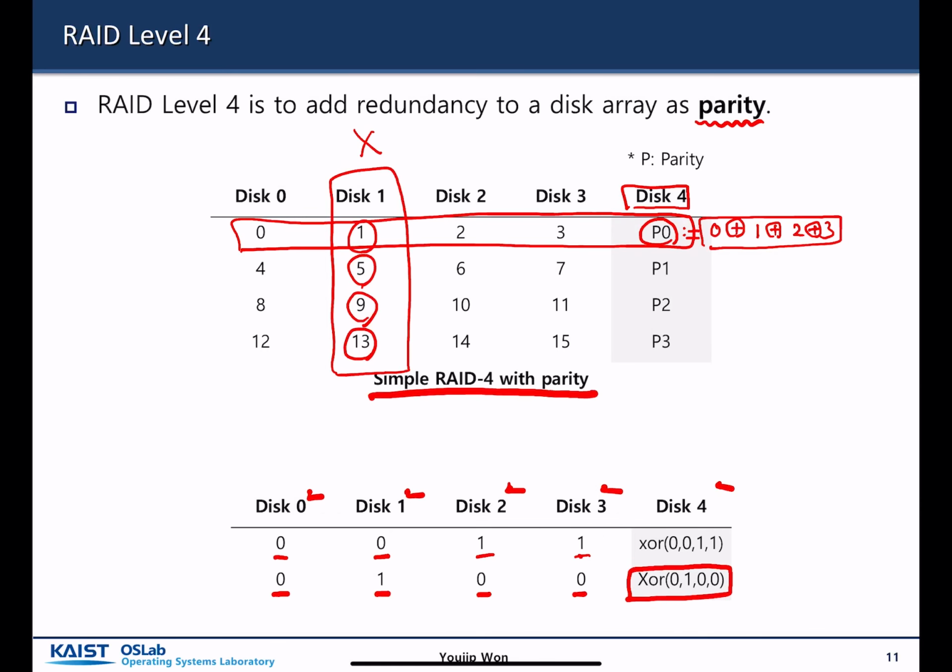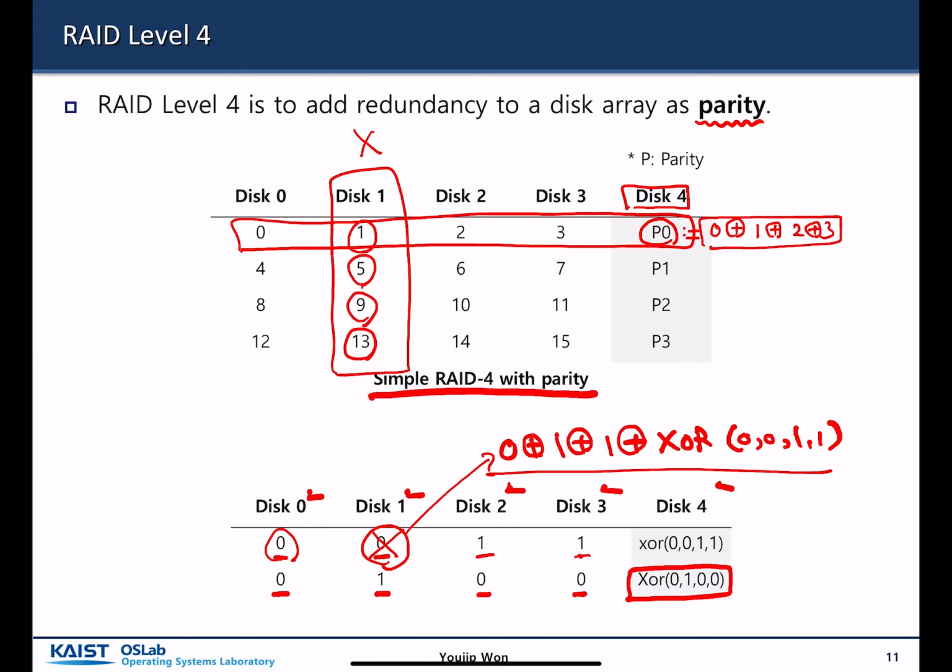For example, let's see how we reconstruct the crashed disk. Let's say this block has been lost. Then the bit value of 0 can be reconstructed from the rest of the blocks: 0 XOR 1 XOR 1 XOR the parity, the XOR of 0, 0, 1, and 1.